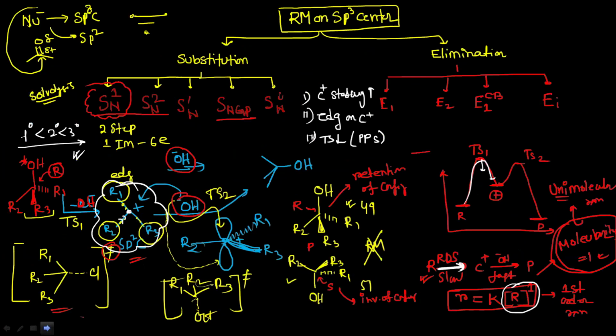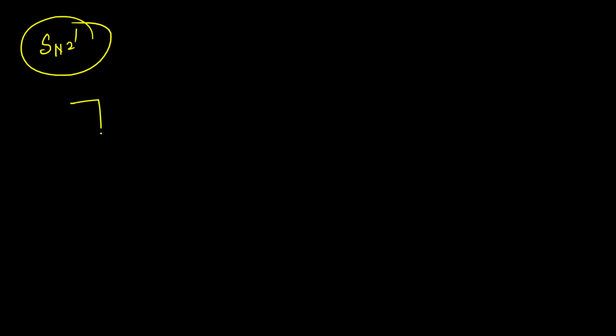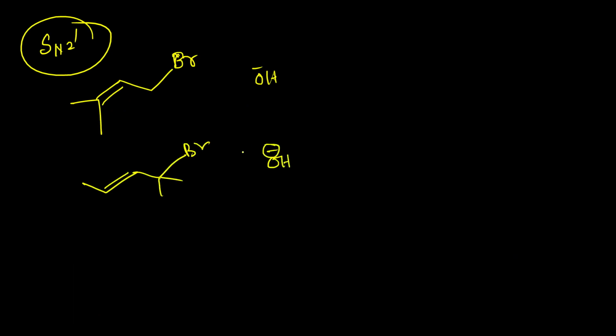Let me see if I am left with any information or not. No. Now the most difficult part, SN2 dash. See, if a substrate is like this, with Br and OH minus there, what will happen?